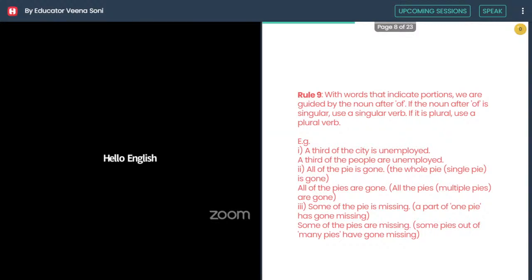The sentence is: 1/3 of the city is unemployed. 2/3 of the youngsters are sitting for the JEE Main exam. So whenever we are talking about portions, we are guided by the noun after of. That means we put the portion there, we put of, and then comes the noun.